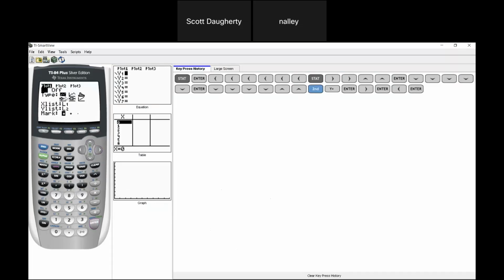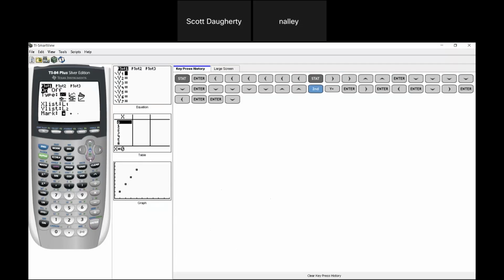Then you go down to the type of stat plot that you want, and we wanted a scatter plot, so we picked this first one here. That one's a scatter plot. And this is the scatter plot: 1 comma 2, 2 comma 4, 3 comma 6, 4 comma 8. So there's our sample data put into a scatter plot.